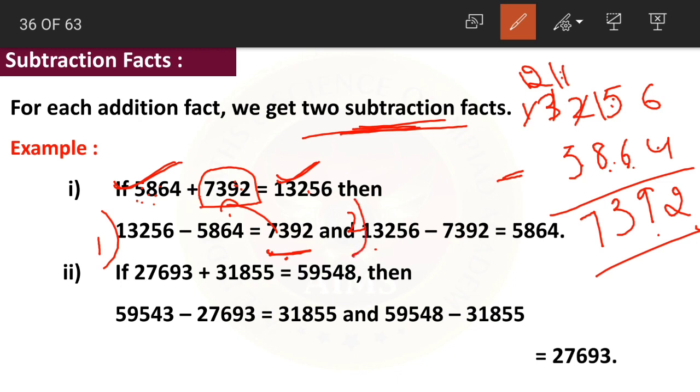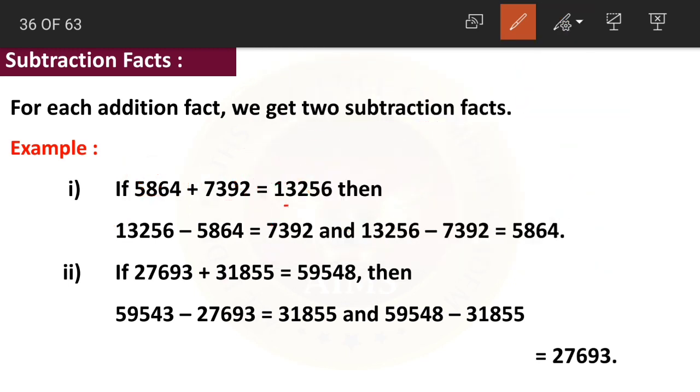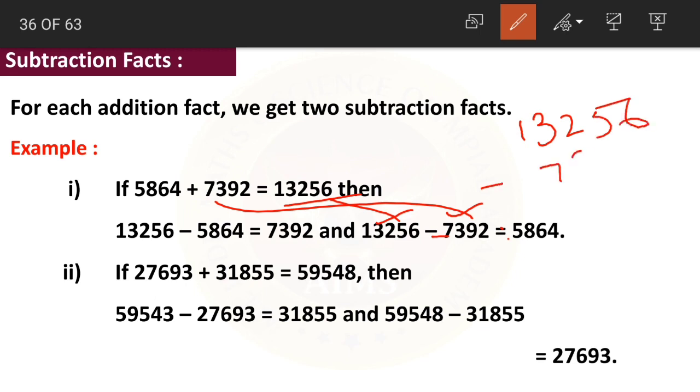Now coming to the second fact, again of these three numbers, the sum is the bigger number. So write the sum minus. In the first fact we subtracted the first addend, right? Now we will go for the second one. The sum minus the second addend will be equal to, see, 13,256 minus 7,392. 6 minus 2, 4. 5 minus 9, not possible, so we'll borrow. 15 minus 9, 6.